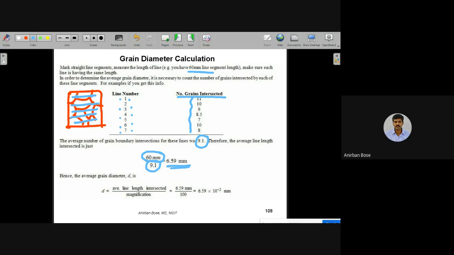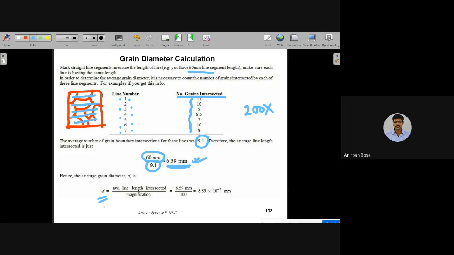Finally, if it is done with a certain magnification, you have to divide, that's all, and you will get the diameter. So this is the grain diameter, but you are doing it probably at, say, 200 magnification. In that case, your answer will be this divided by 200. This is the idea. Suppose you are doing it at 100 magnification, so you have to divide it by 100, and finally that will be the grain diameter.